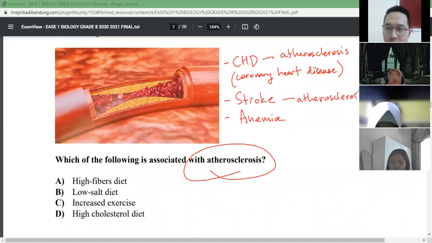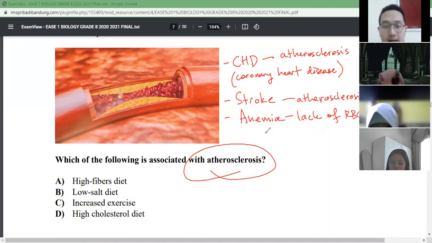So what is actually atherosclerosis? Anemia is lack of RBC. The number of red blood cells is abnormal, lower than the normal level. Anemia, kekurangan sel darah merah, gitu ya.